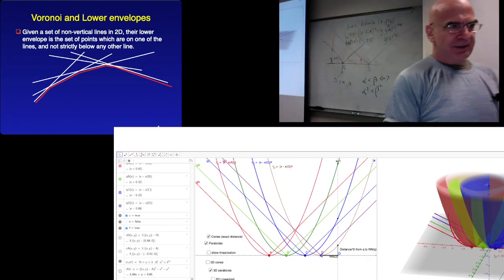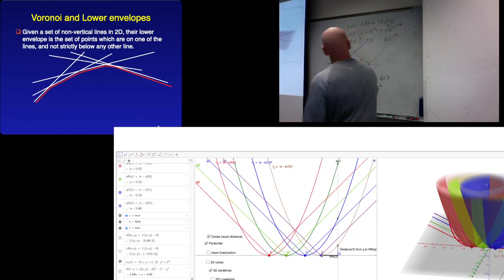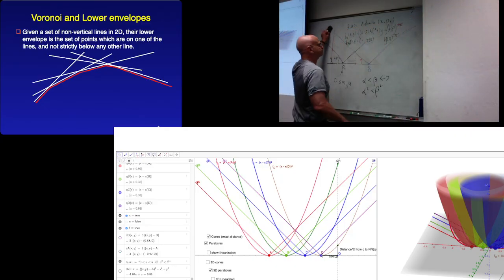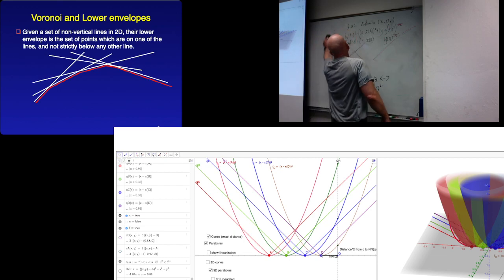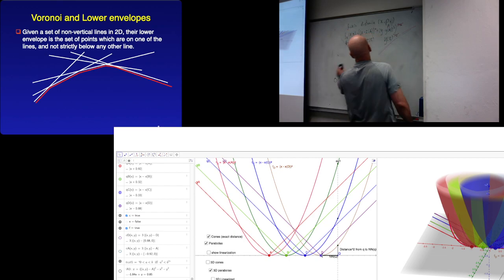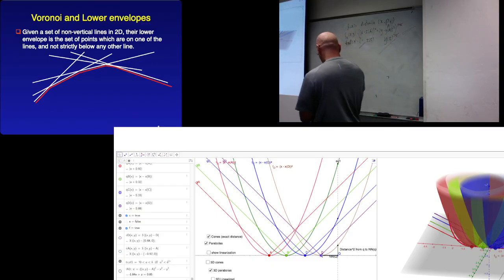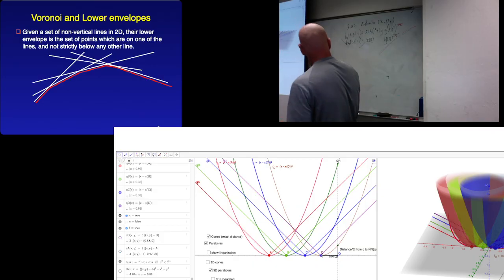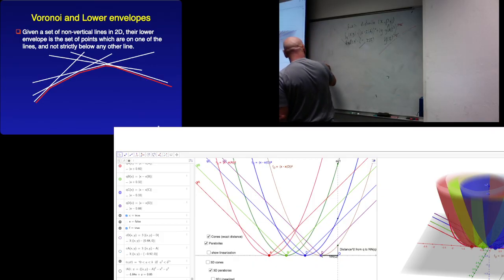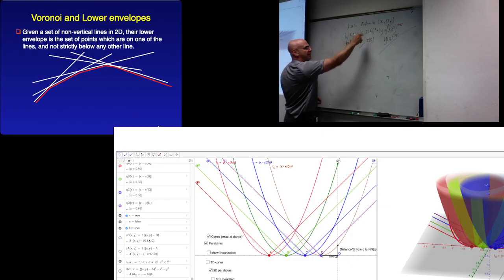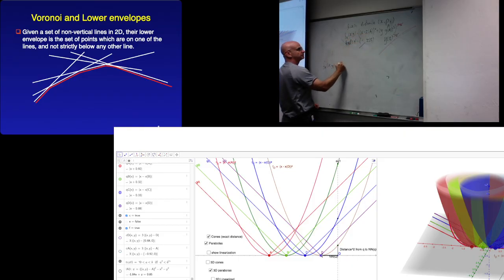Okay, now I need another trick to tell you something interesting. So now let's think about it a bit more carefully. F_A of any point (x, y) was (x minus x_A) squared.